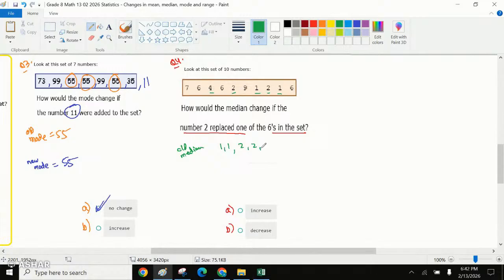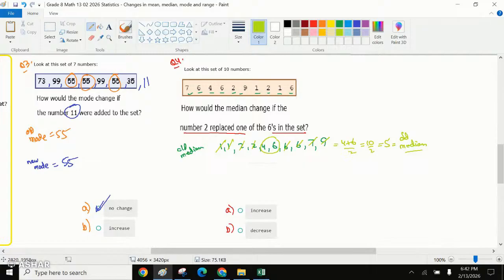Then we had 1 four, we had 1 two, 3 and 6 values. Agreed? We had 1 seven and 1 nine. So in order to find the older median, we start cancelling them out. We are left with 4 plus 6 divided by 2. That is 10 divided by 2, which is 5. That is the old median.